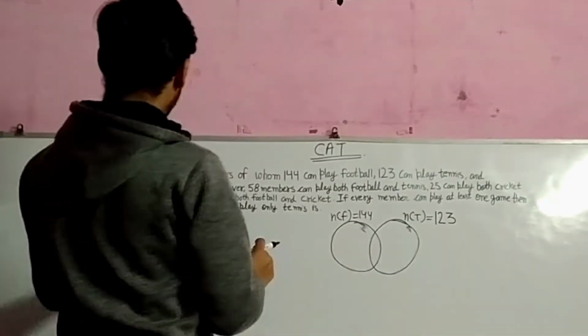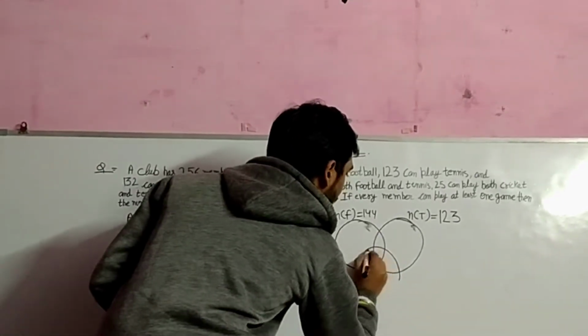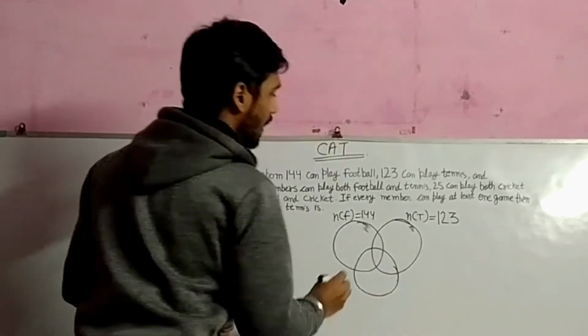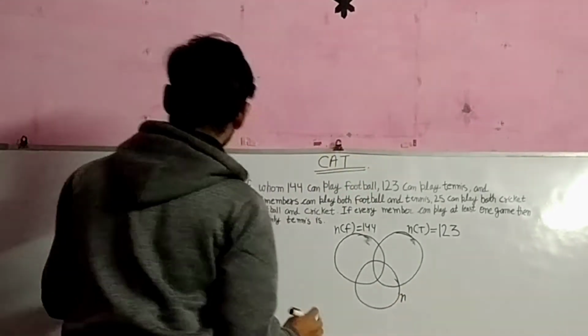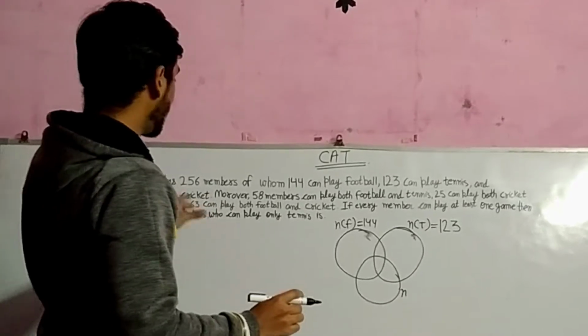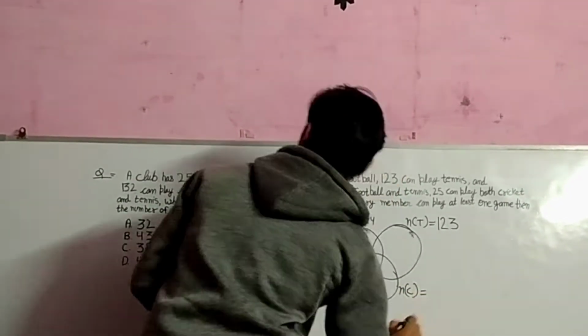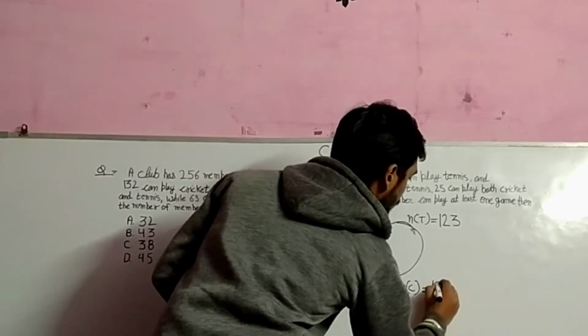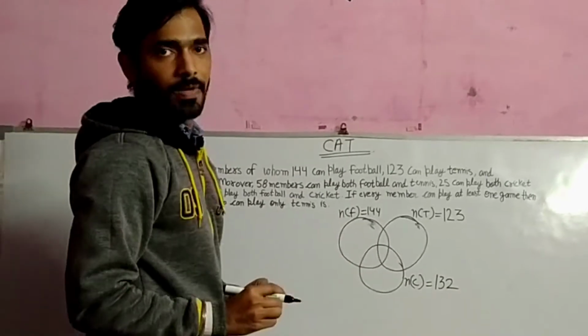And here is another game, cricket, another circle showing the members who can play cricket, n(C) equal to 132. So here is our Venn diagram.